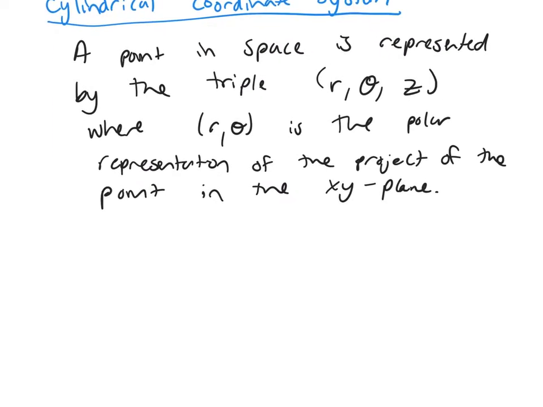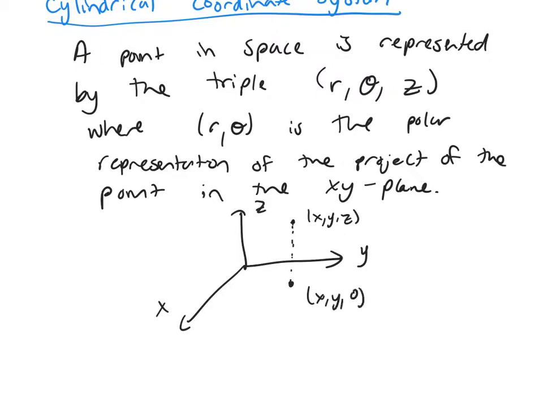So let me give you a visual picture to kind of represent what I'm saying here. You have a point in space, and what you're going to do is project that down onto the xy plane. So imagine you're holding a light above it and drop it vertically down to the xy plane so that now its coordinate is x, y, 0.